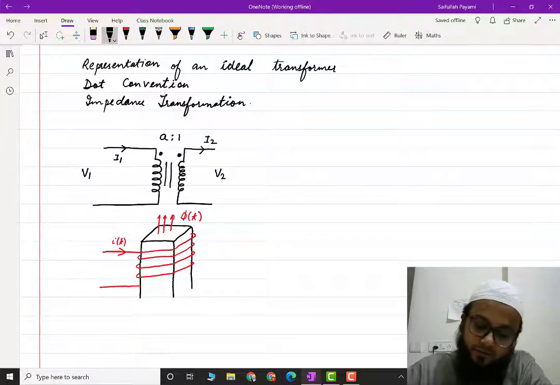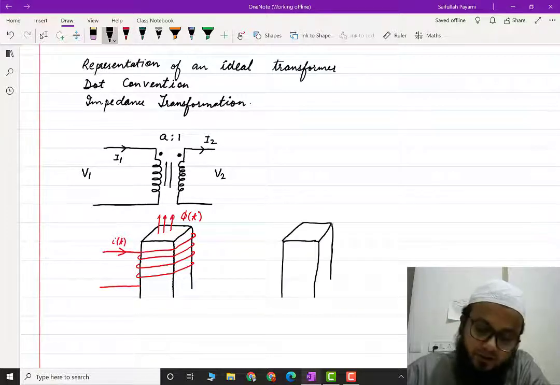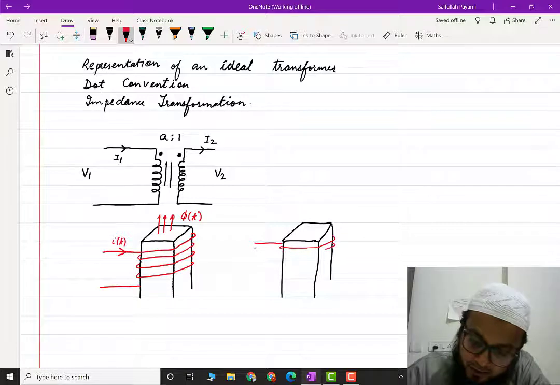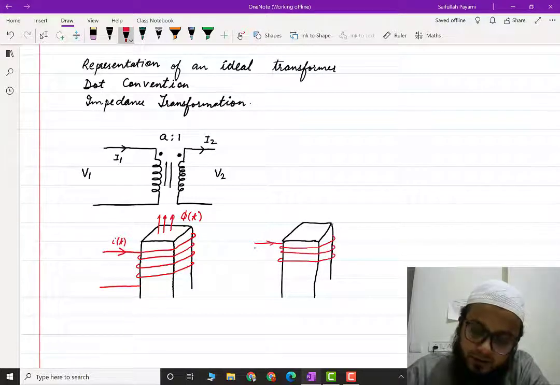Now think of the same core limb, but this time the winding has started from the back side. So it will come here, and again it will come here. You can think of the current as coming in the opposite direction now.